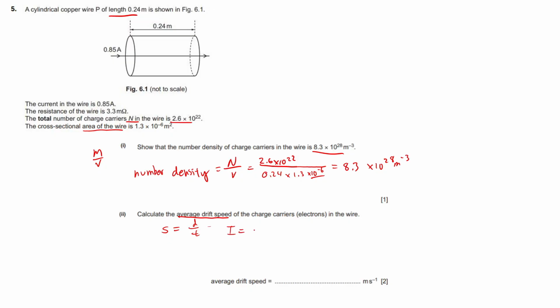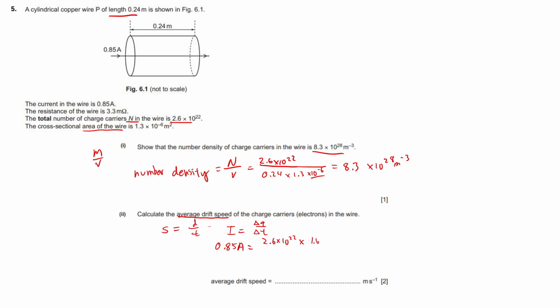We know that the current is going to be the change in Q over the change in time. They do give us I as well as the change in big Q, which is going to be the number of charge carriers multiplied by the elementary charge.